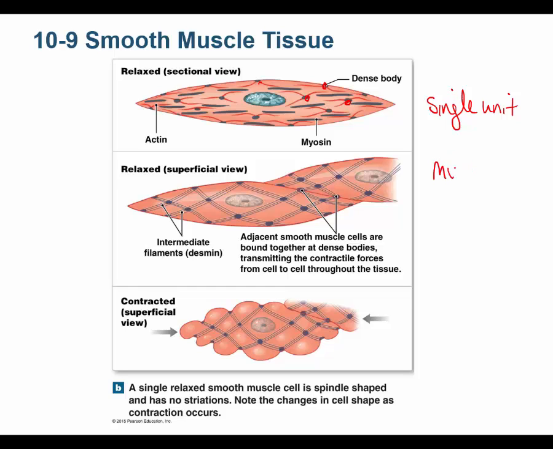And then there's multi-unit smooth muscles where the muscles are acting more independently. Sometimes single unit are called unitary or visceral, by the way. So single unit and multi-unit smooth muscles are two different types. And we'll start talking about how smooth muscles contract.